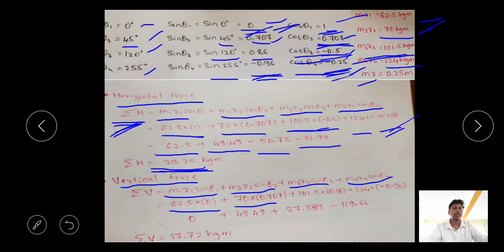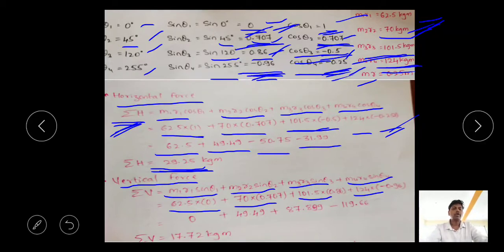Next M2 R2 is 70 into 0.707. M3 R3 is 101.5 into 0.86. Next M4 R4 is 124 into minus 0.96. Minus we have to consider.